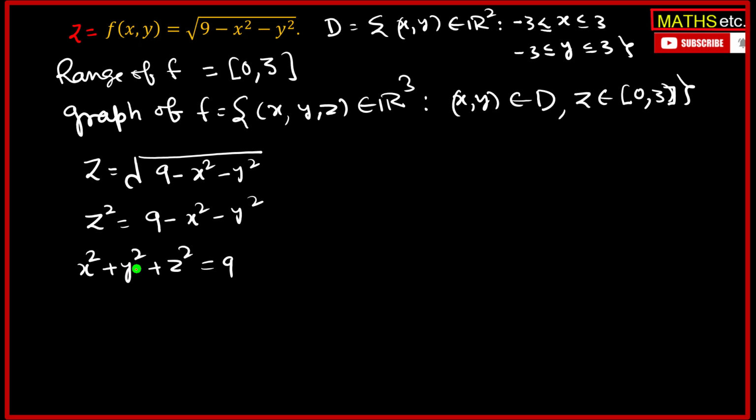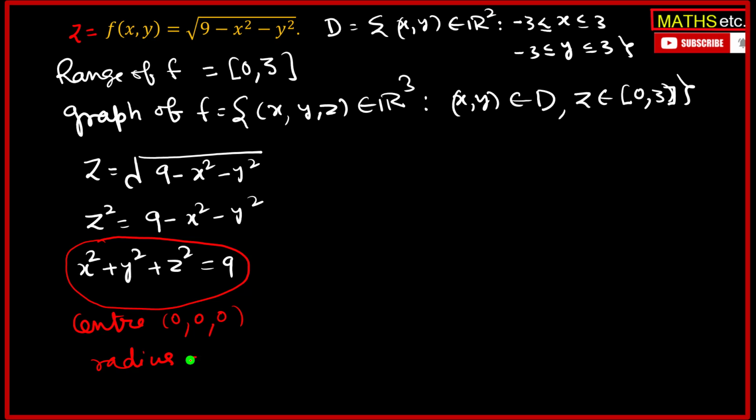And we know that this is the equation of a sphere with center at origin 0, 0, 0, and its radius is equal to 3. And our function, our surface, is not the complete sphere. It is only one branch, a hemisphere.